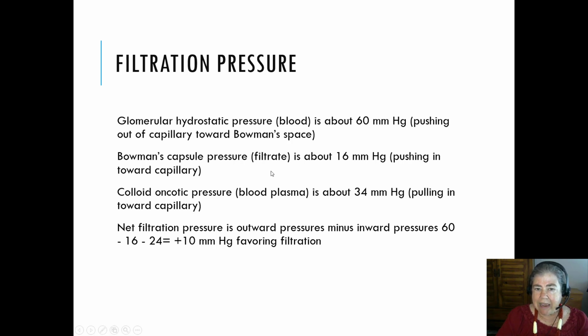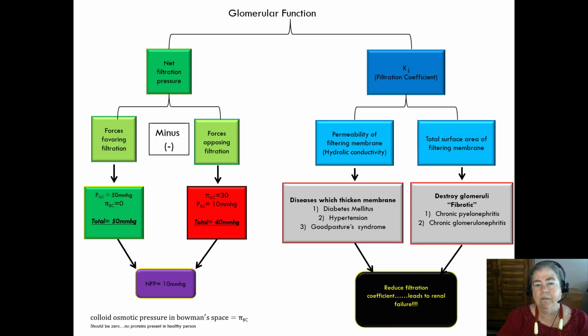The pressure in Bowman's capsule, which opposes filtration, and the colloid oncotic pressure that opposes filtration. So the Bowman capsule pressure is sort of pushing back towards the capillary, and the colloid oncotic pressure is pulling in towards the capillary. So if we add 16 and 34, we get 50. If we subtract 50 from 60, we get 10. And so the filtration pressure is positive 10 millimeters of mercury, favoring filtration.